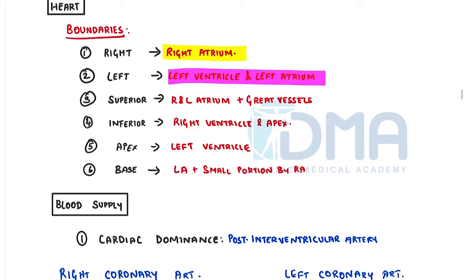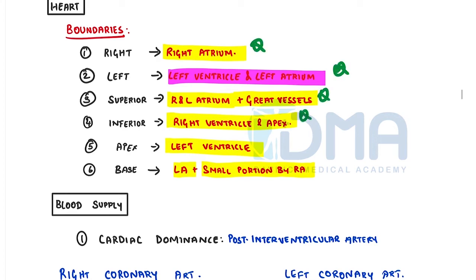In the case of the superior border, it is the left and right atrium plus great vessels, while the inferior border is your right ventricle and your apex, and your apex is composed of left ventricle, while your base is composed of left atrium and a small portion by your right atrium. Every single border is important, people. You should never miss it.